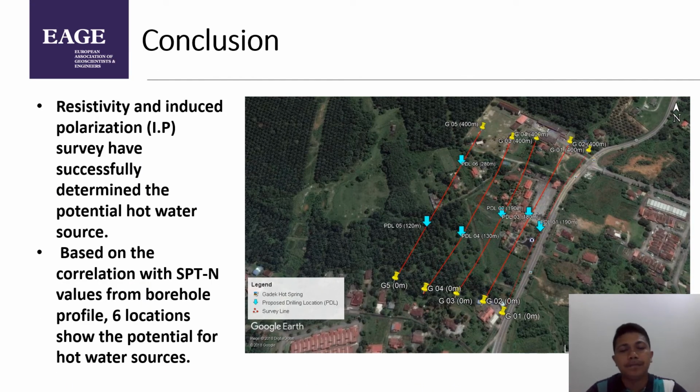As a conclusion, based on the 5 survey lines we did at the site, only at line G1, PDL number 1 and 2, got hot water, and the rest is cool water. Based on the SPT N value, we correlated G1 and G2 survey lines. It matched my interpretation and the discussion from our group. So we believe the SPT N value can show good correlation with resistivity and IP here.